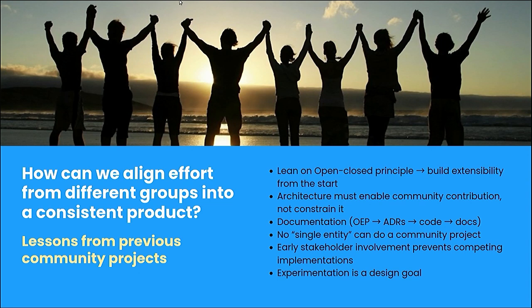So first one is lean on the open closed principle. Whatever we build, we need to make it open for extensibility. And whatever we put as the architecture of it must enable community contribution. No one should be at the place where it says, this feature, I don't want it, so you can't build it. Everything should be extendable, and the architecture must enable that.